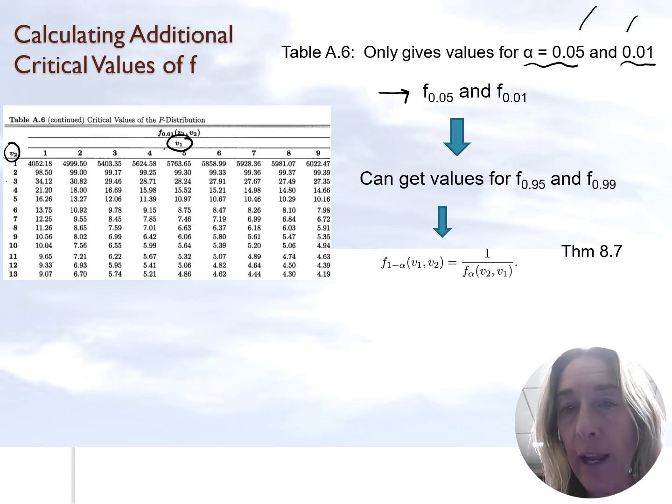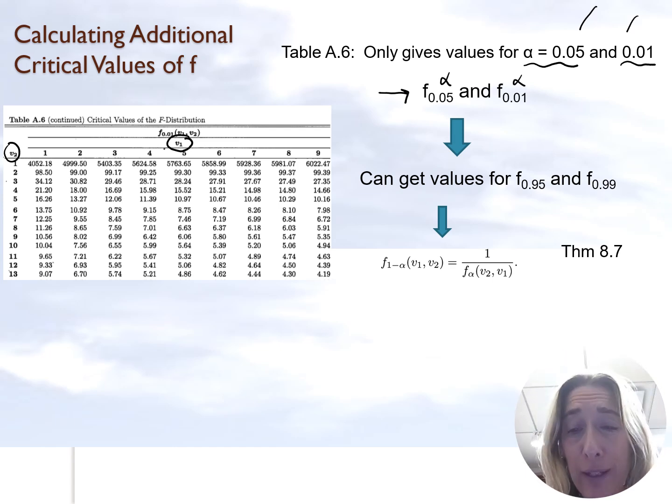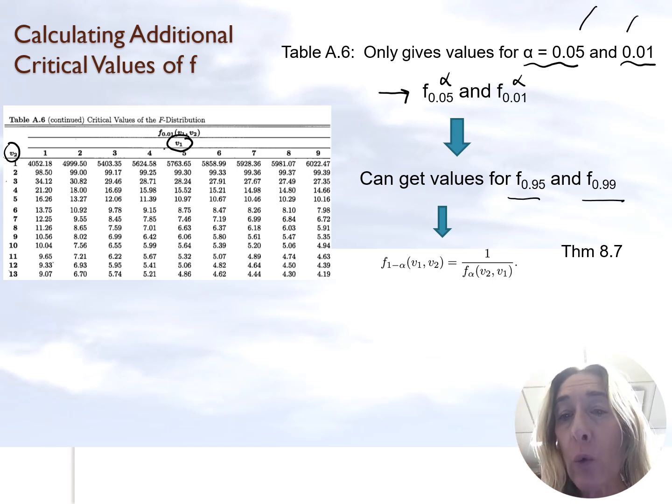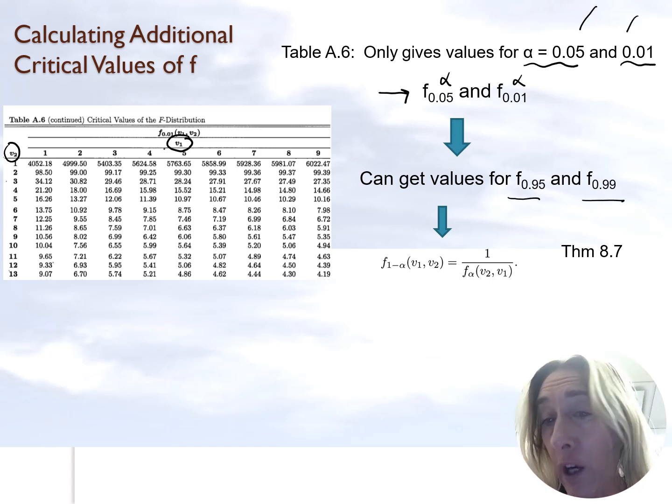Those are the 2 different alpha values that are available. However, there's a bit of a silver lining. You can also calculate critical values of F for 2 additional alpha values, 0.95 and 0.99.